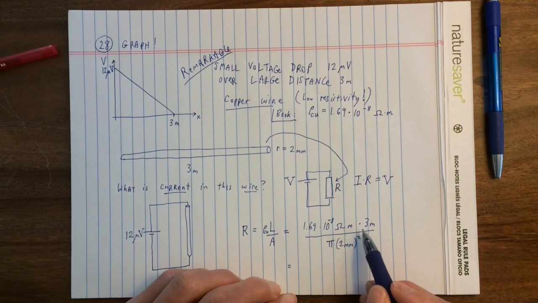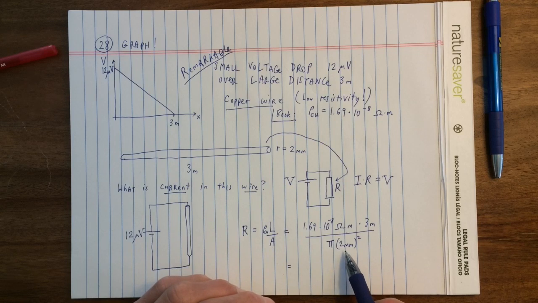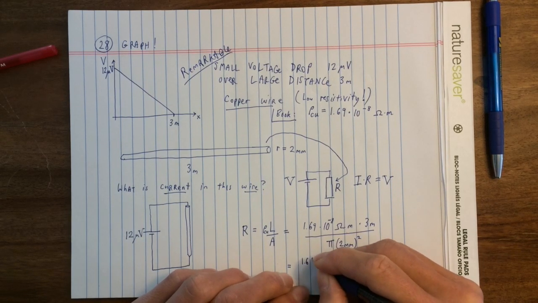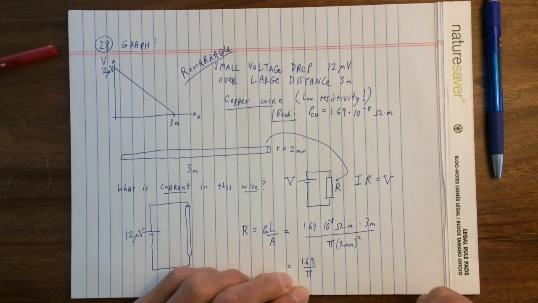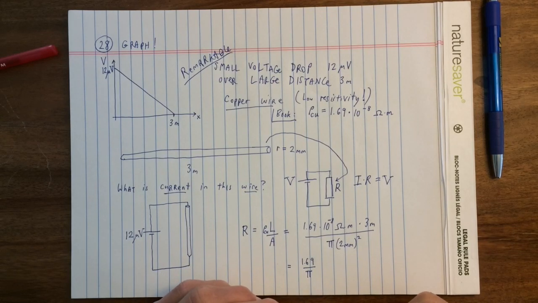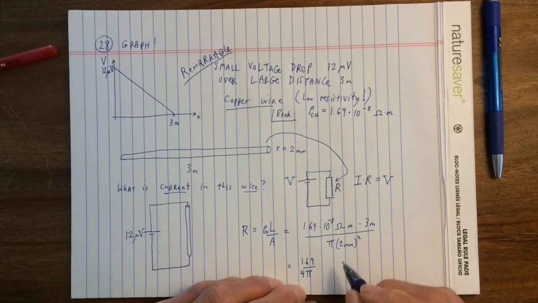So you can see that the meters squared here are going to cancel with a meter squared on the bottom, but I have this milli, and milli squared is going to be like a millionth after you square it. So I've got 1.69 divided by pi, which is 3.14, however many significant figures you want to keep around. On the bottom is a 2 squared, so that'll be a 4, right?